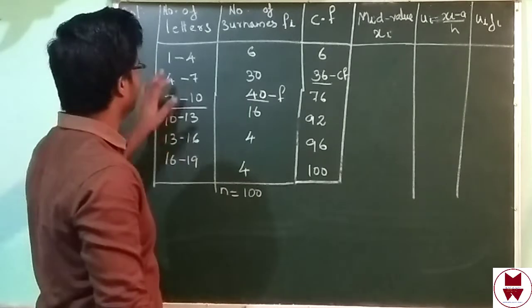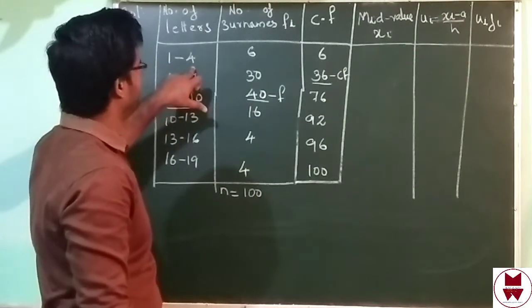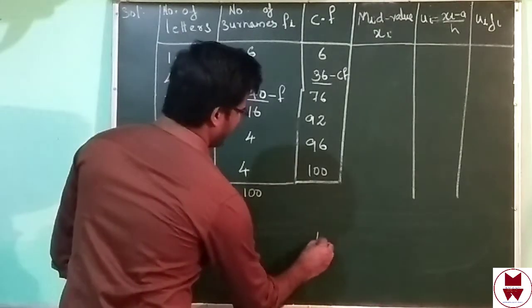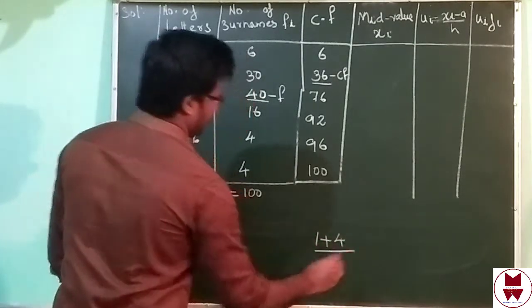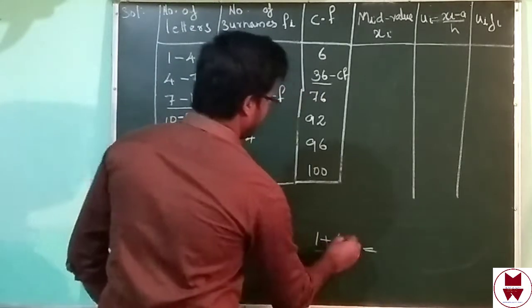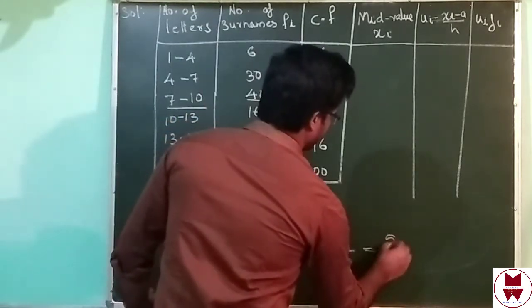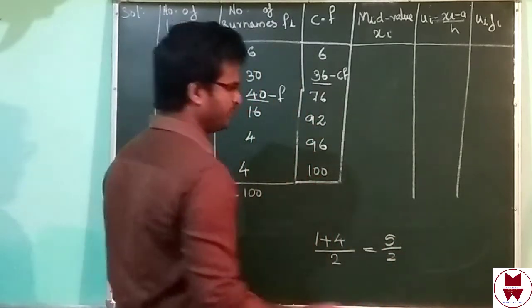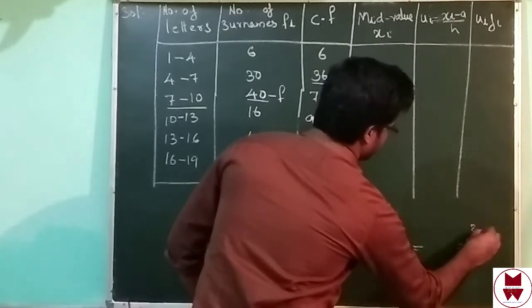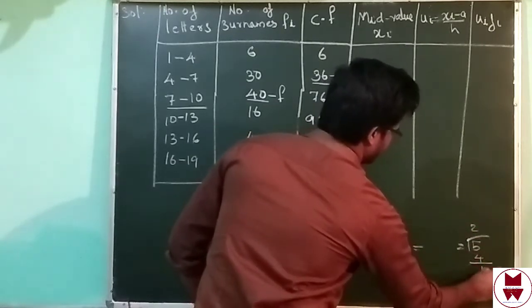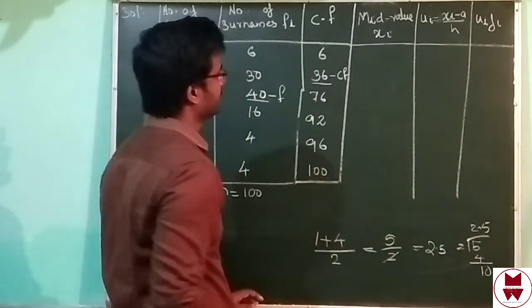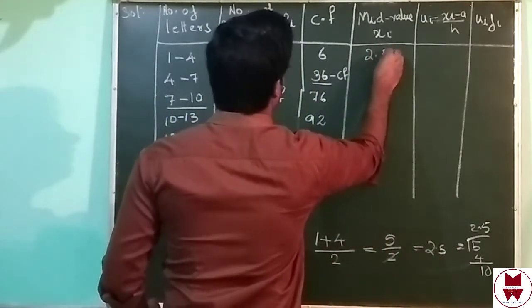Then x i in between 1 and 4, which number? How can we find the middle number? 1 plus 4, lower limit plus upper limit divided by 2. 1 plus 4, you will get 5 divided by 2, you will get 2.5.